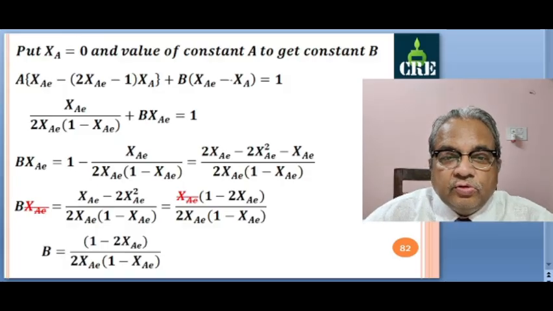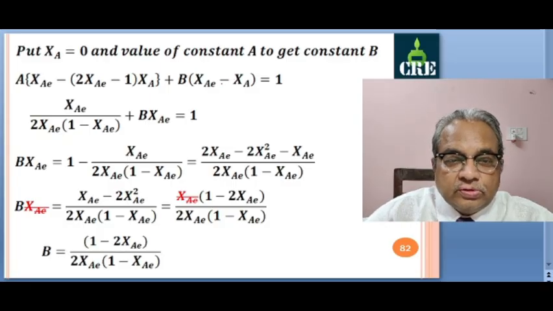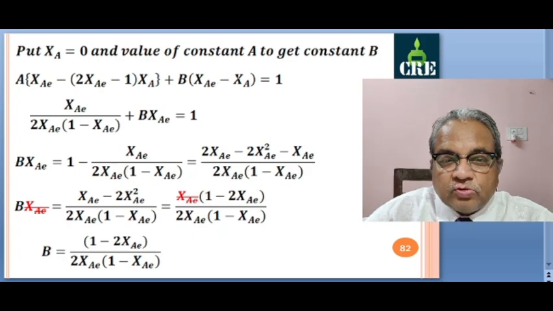So the same equation we will use again. We will substitute the value of the constant which is obtained here and write XA is equal to 0. So if I make XA equal to 0, I am left with B into XAe.